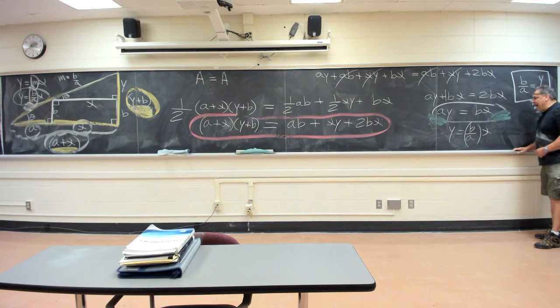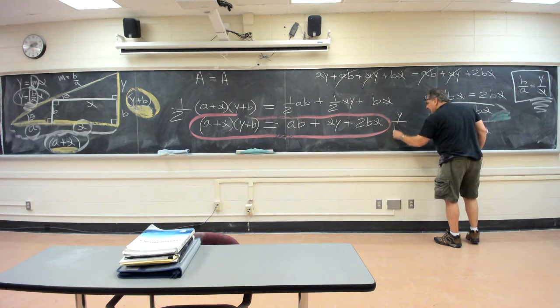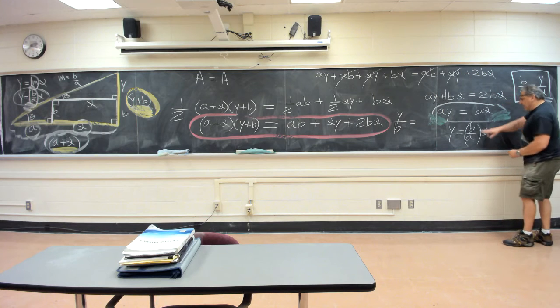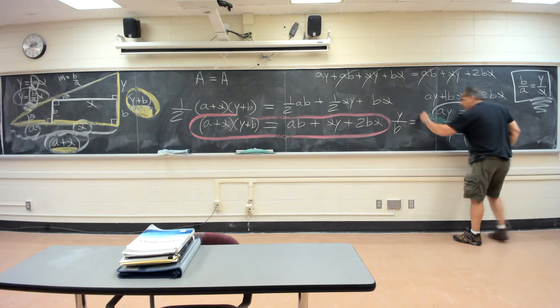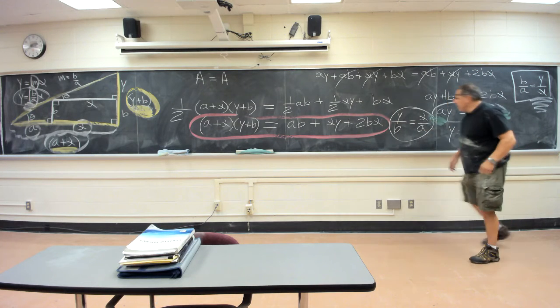Then I'm going to divide by B on each side. Then I end up getting y over B. Well, that's just 1 over A left over. 1 over A times X over 1 is X over A. Now, what's going on here?